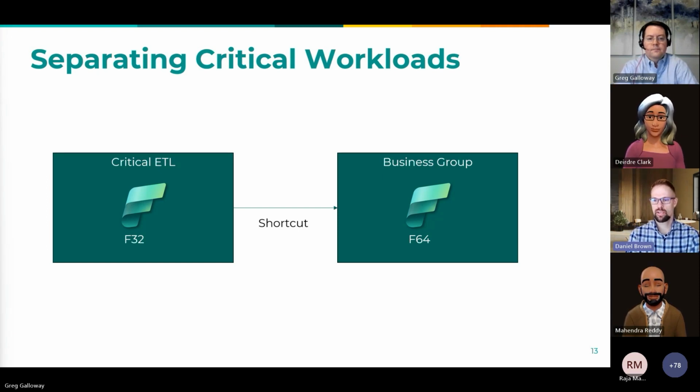So this is your ability to separate out if you have some self-service, but you don't want all these business groups working on the same capacity that your critical ETL is on. You have that flexibility to separate it and to use different capacity sizes.